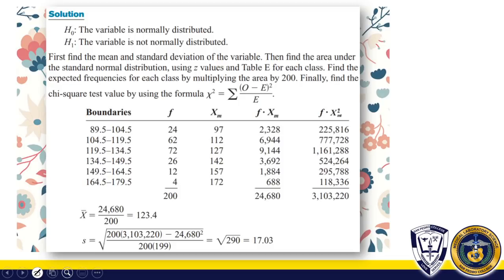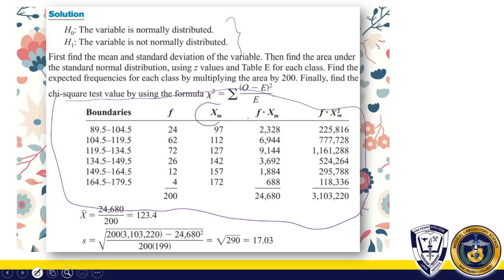The next thing that Bluman presented is this one. Here are your hypotheses and some manual computations that were done in order to compute for your mean and SD. As you can see here, this one is your middle value, from your boundary. Then here, as you can see in the symbol, it is the middle value multiplied by the frequency, and the middle value is squared and multiplied by the frequency.